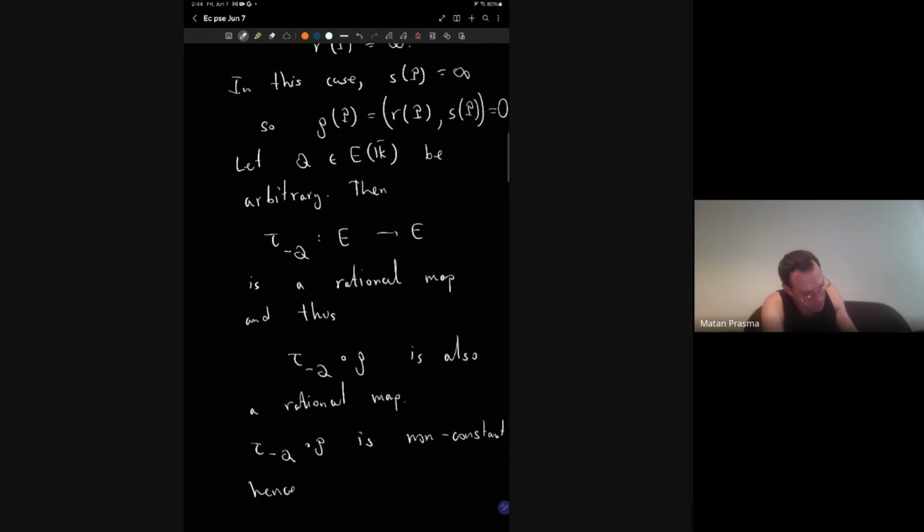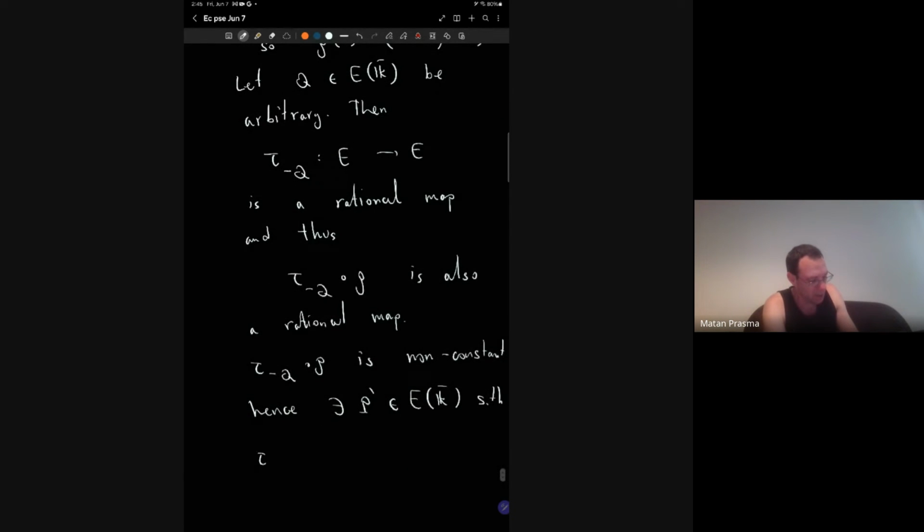Hence, it has a pole. There is some P prime in E over K bar such that tau minus Q composed with rho evaluated at P prime is the point at infinity.